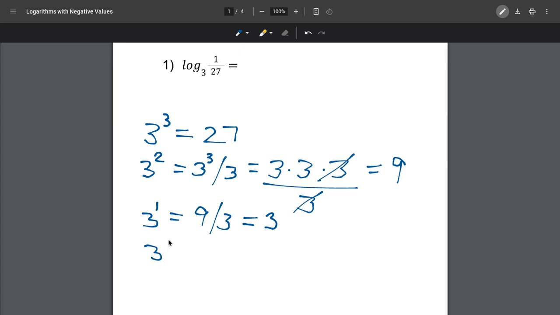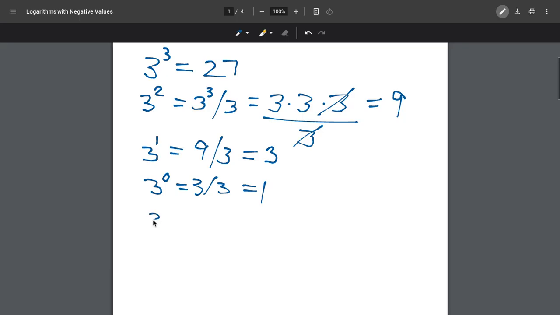3 to the 0 power is 3 divided by 3, which is 1. Keep going. 3 to the negative 1 power is going to be 3 to the 0 power, so 1 divided by 3, which we can write as a fraction, 1/3.